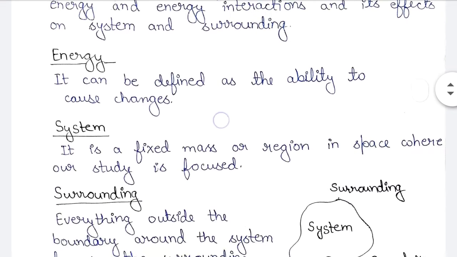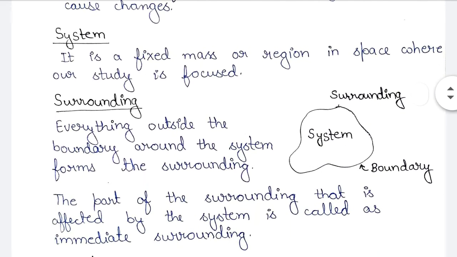Now, what is energy? Energy can be defined as the ability to cause some changes in the system. It is the ability of the system to cause changes. Now, what is a system? A system is a fixed mass on which our study is focused.